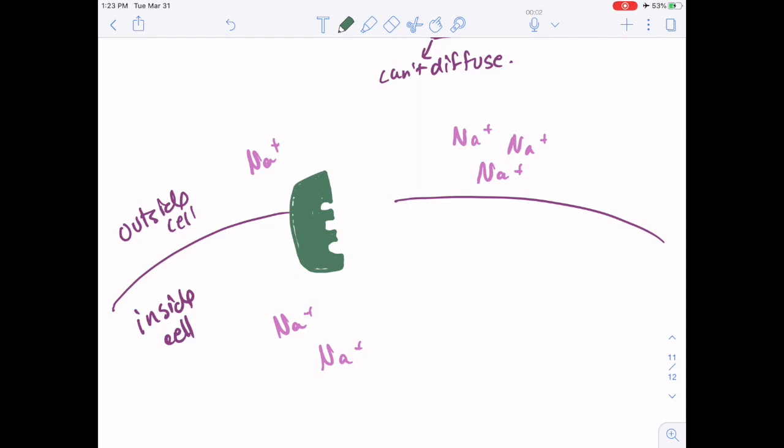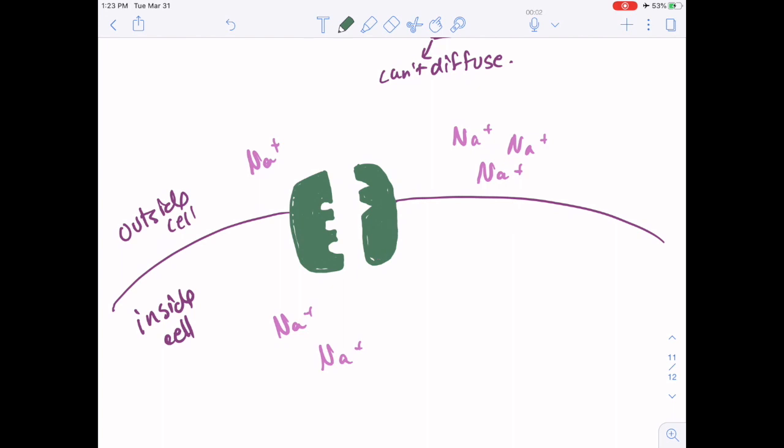There we go. I figure I might as well make these look nice. And the other half of the protein, let's make it look like this, let's say. Here we go.